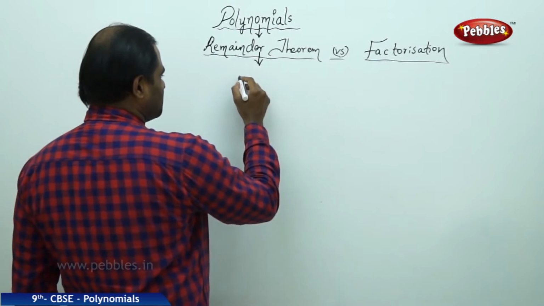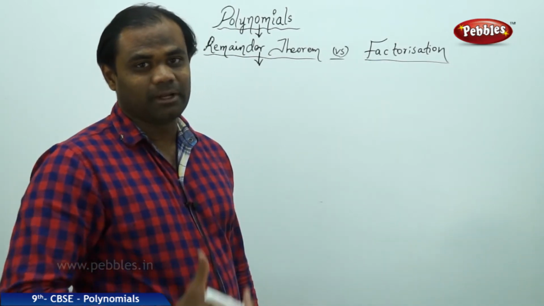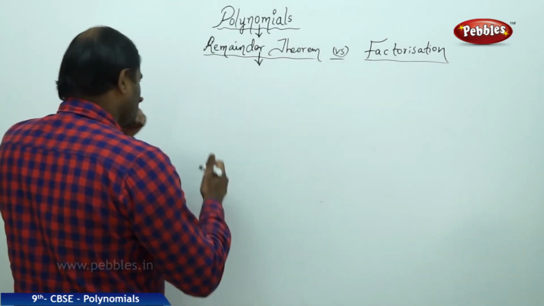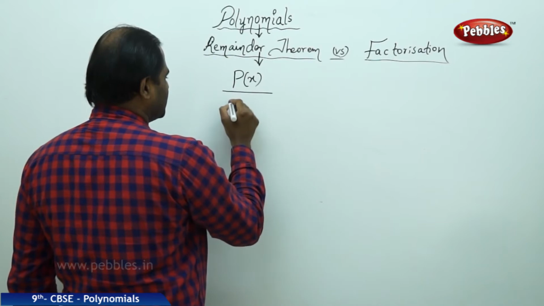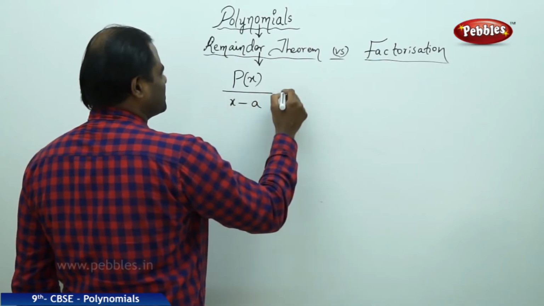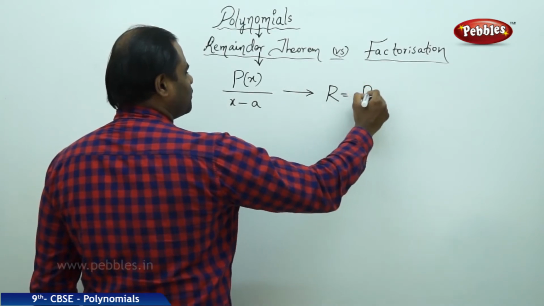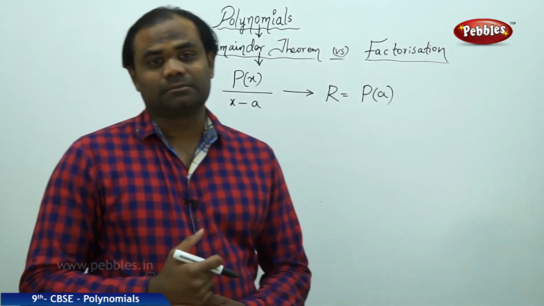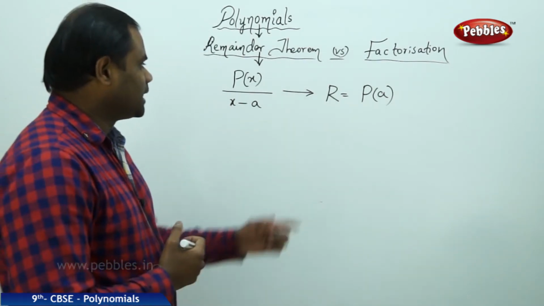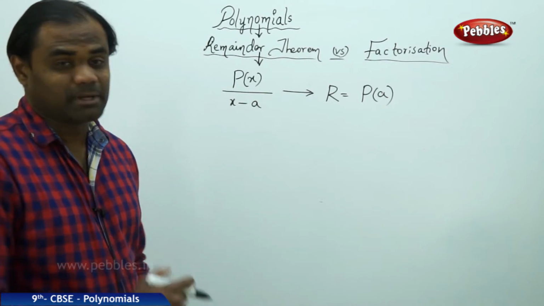As we have discussed the remainder theorem, let's recap the statement of the remainder theorem again. If a polynomial p of x is divided by a linear polynomial x minus a, it gives us the remainder p of a, or f of a, is what we understand. If I get the remainder to be 0, then let's see what will be the special case.